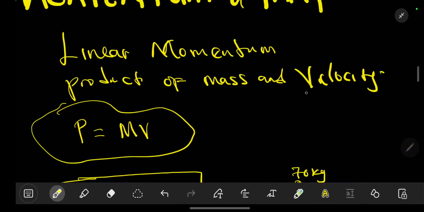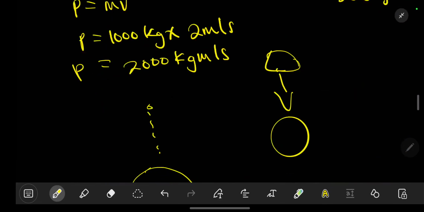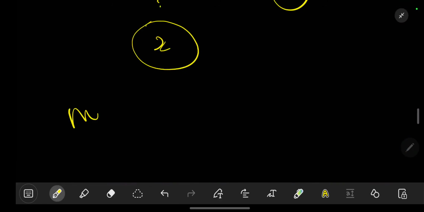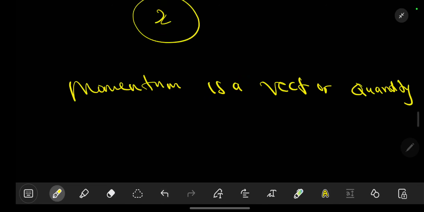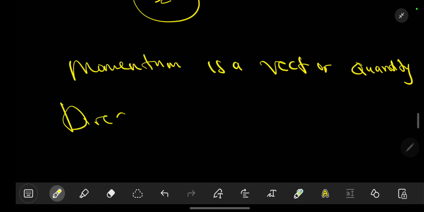Now, since it's the product of mass and velocity, and velocity is a vector, we know that momentum is a vector quantity. Therefore, the direction is important.